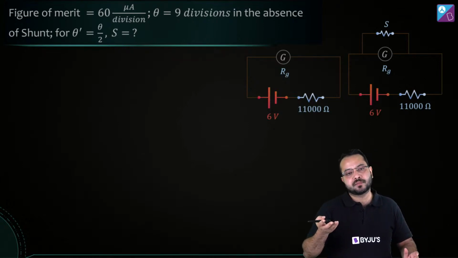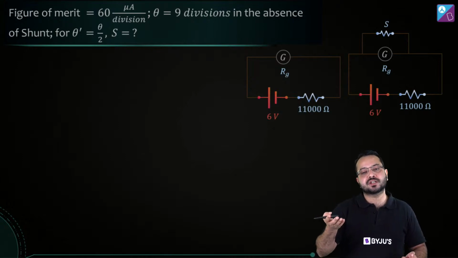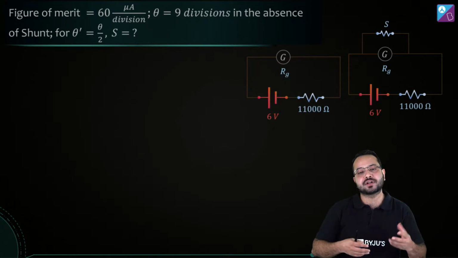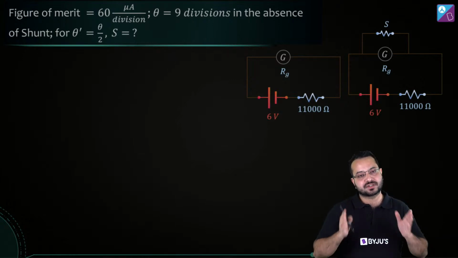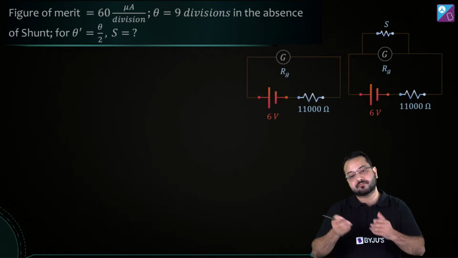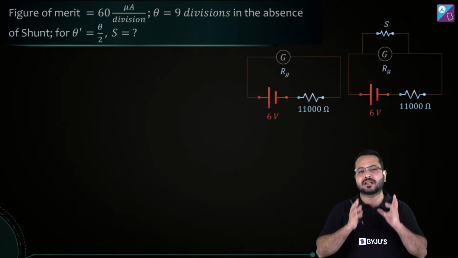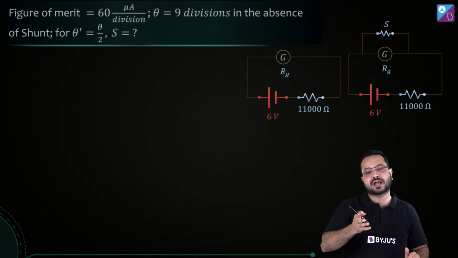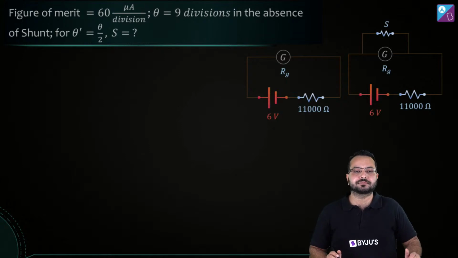It is used to alter the resistance of the galvanometer in a useful manner. If we have to convert it into a voltmeter, we use the shunt in some manner. If we have to convert it into an ammeter with a higher range, we use it in another manner. It's simply a resistance used in a particular fashion and connected to the galvanometer.